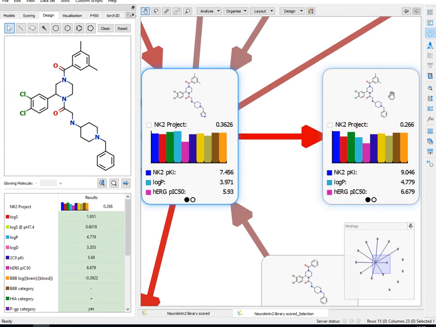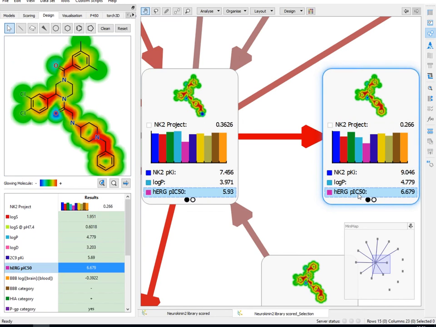So if we go to the designer here and select this compound, we know that the phenyl here is really having a very positive effect on the affinity. The target really likes that, but it's having a bad effect on hERG. So let's click on that, and now we can use that glowing molecule to use at least the model's understanding of the SAR driving that hERG inhibition and help to figure out where can we change this compound to have the biggest impact.